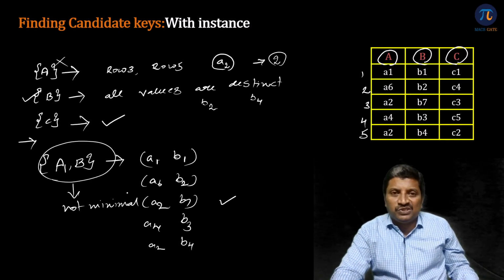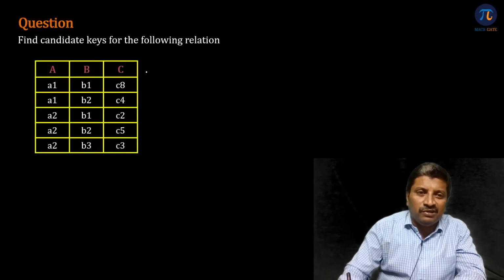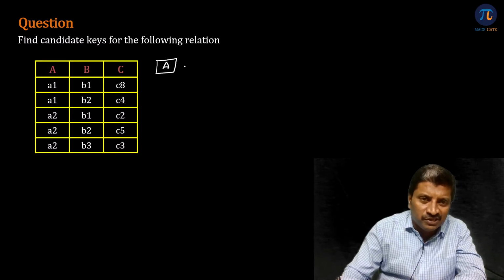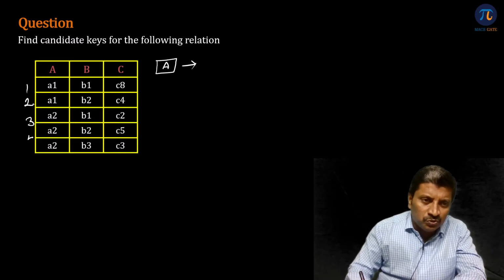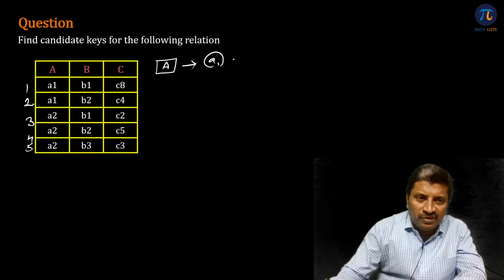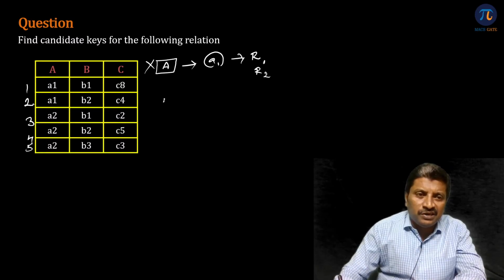Let us do one more example. Find the candidate keys for the following relation. The first one, can I say A is a candidate key? Please verify. This is row 1, 2, 3, 4. A1 is repeated in row 1 and row 2, so this is not a candidate key.